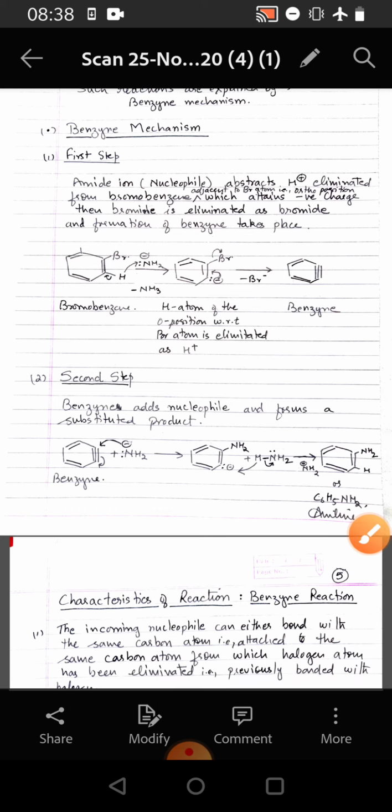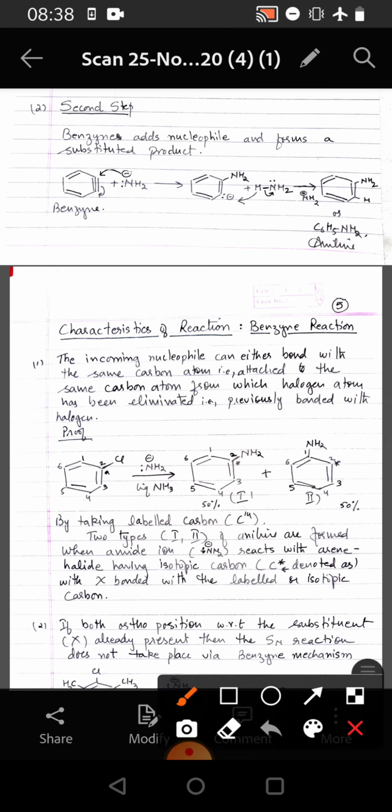In the second step, benzyne adds the nucleophile and forms a substituted product. So what happens first is that one double bond electron pair shifts onto the carbon atom and an anion is formed, and this amide with its electron pair bonds with the carbon atom.